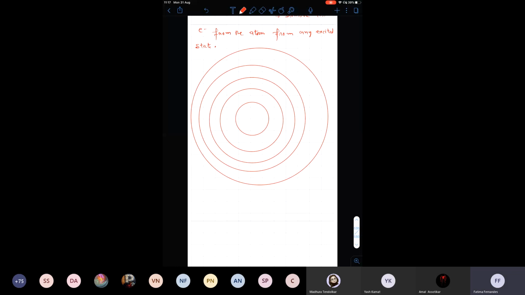So this is your n equal to infinity. And this is your n equal to 1. If an electron is present here and you want to throw it out of the atom, then how much energy is required?